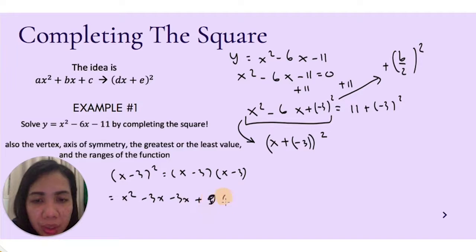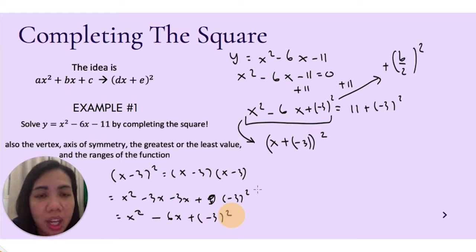Or here, actually minus 3 squared. So we have x squared minus 6x plus minus 3 squared. The same thing we have here. Okay, now it is proven that this perfect square is the same as this expression.